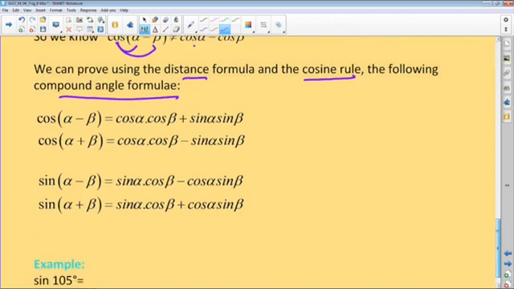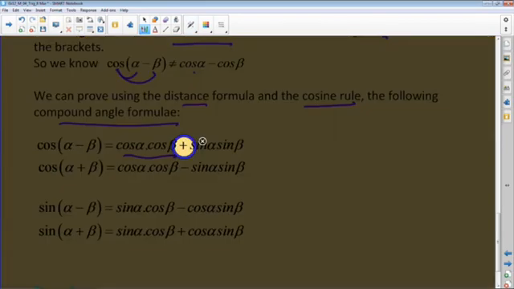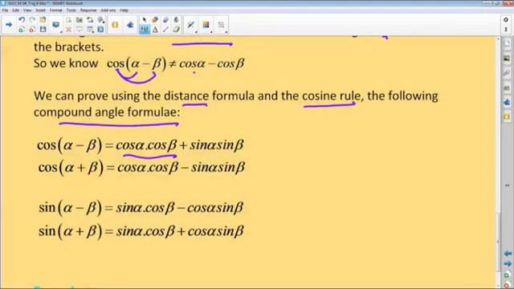So we can show that cos of alpha minus beta is cos alpha times cos beta plus, and the important thing here is the plus. Have a look at that. So what you see happening is that the sign is changing.